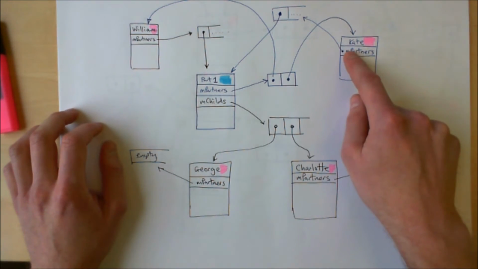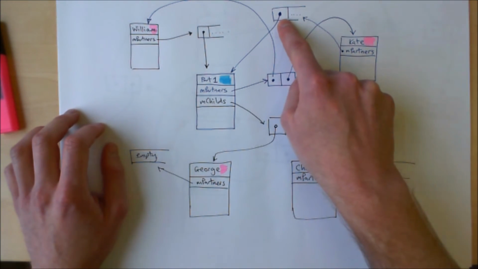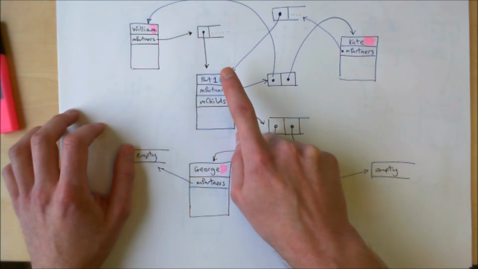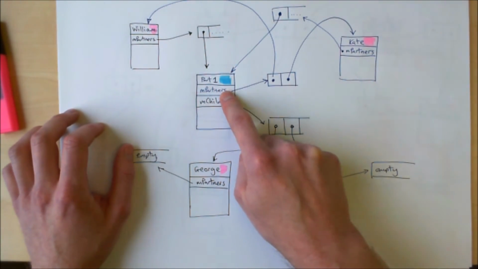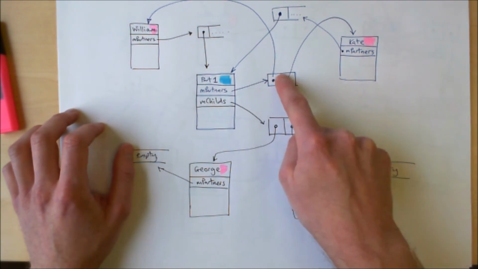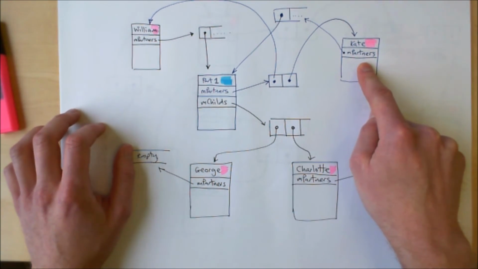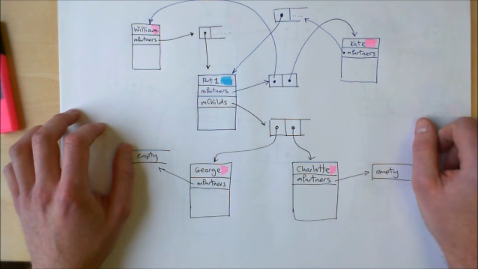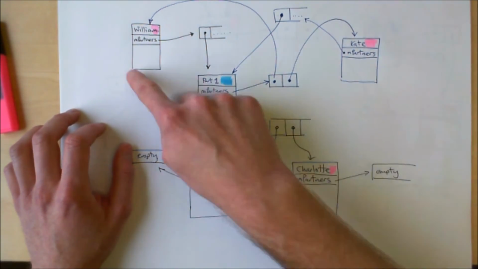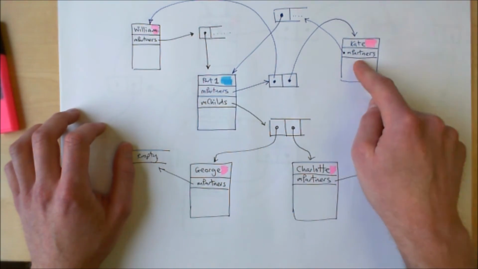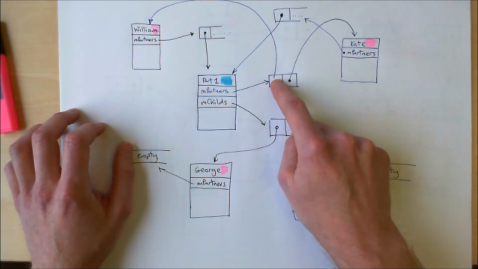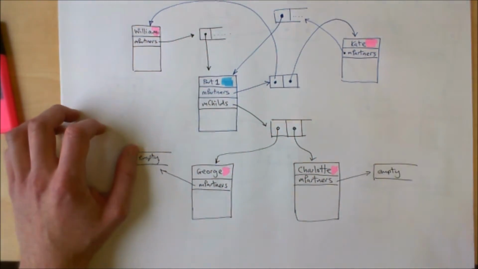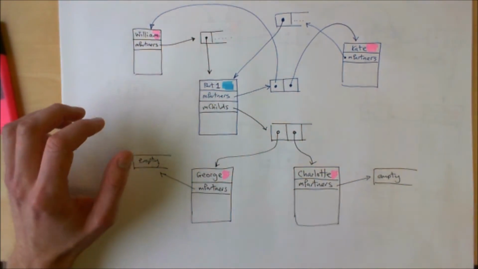But part of drawing her means that we go to this array, which means that we go to this partnership, and that's going to draw again, because this is going to cause this array to draw, which is going to cause Kate to draw, and round we go in this loop. Another possibility is that we get to here, and then loop back to here, and then back to William, and then on we go.